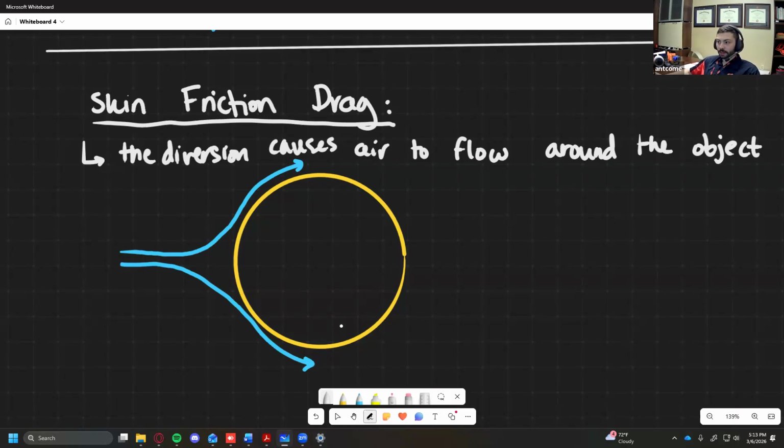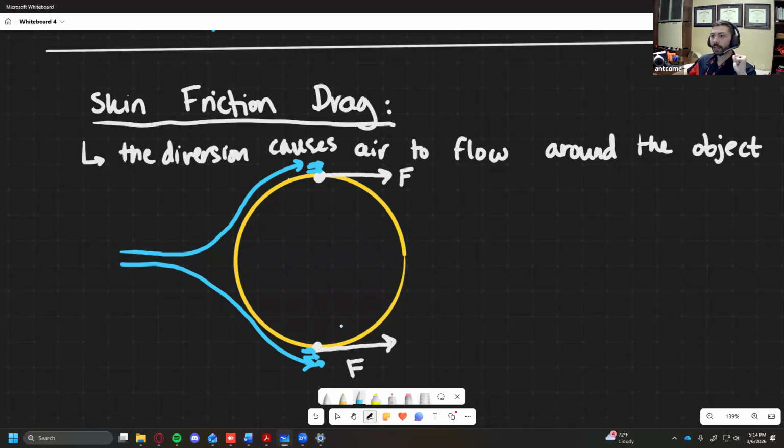Because of this flow, what you end up having is friction. Not just at this point, but I'm just going to draw it here, you're going to have friction acting on the ball because this air is pulling along the surface of the skin. If we were to look microscopically, we would see that there's air actually brushing against the surface of the object. This is the reason why you feel air. If you stick your hand out a window, you feel it. That is skin friction.